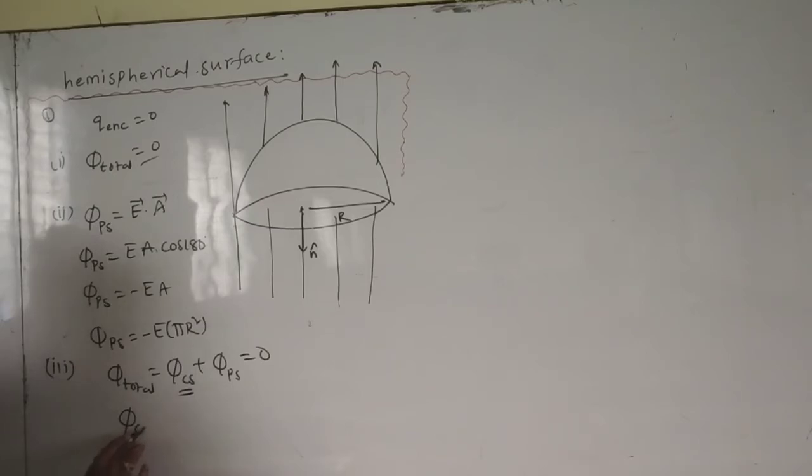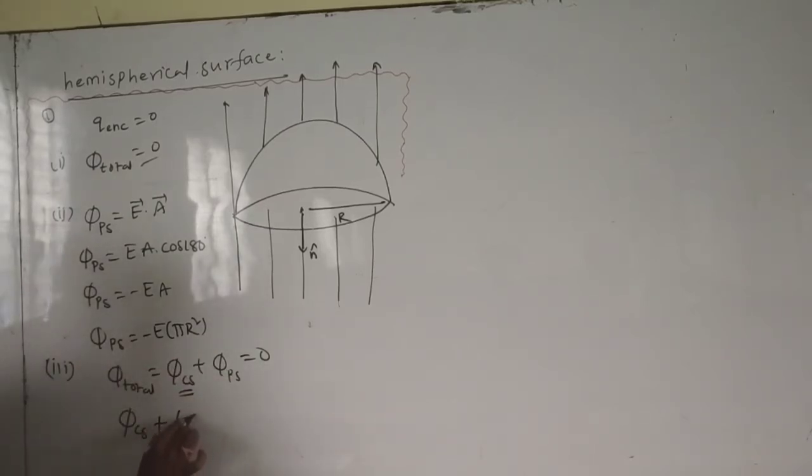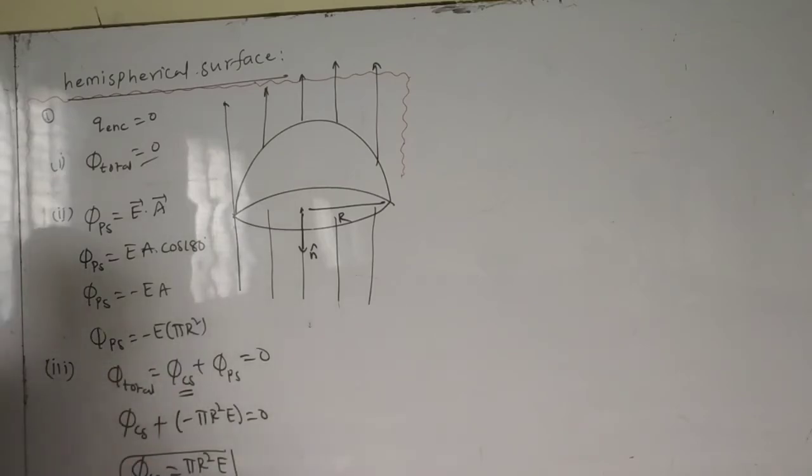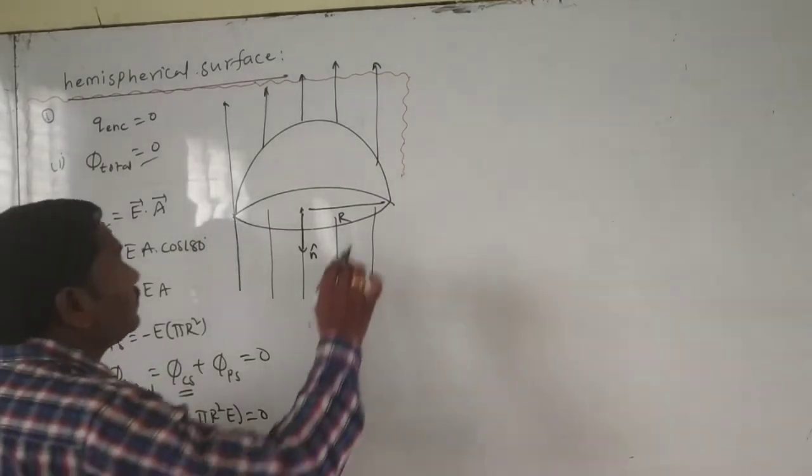So phi curved surface minus pi r square into E equals 0. Therefore, phi curved surface equals pi r square into E. This is the expression.